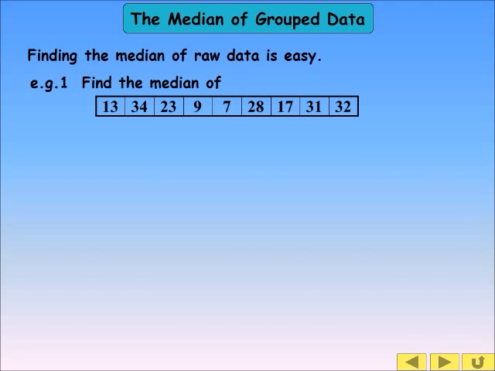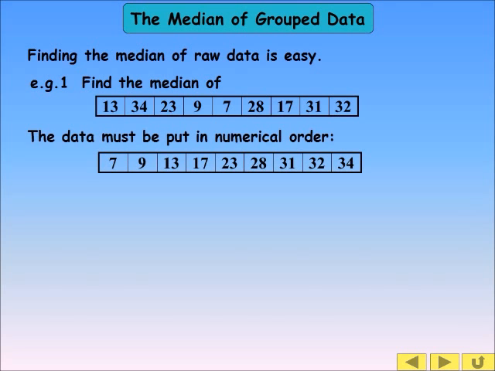If I have the table, define the median of the table: 13, 34, 23, 9, 7, 28, 17, 31 and 32. How to find that? Yes.